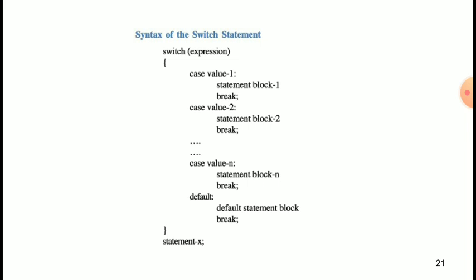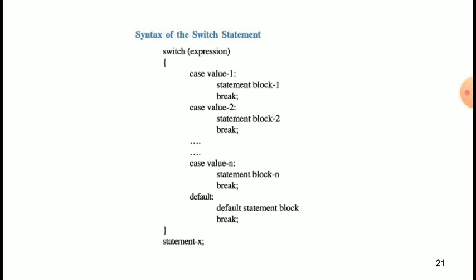Fifth, when the switch statement is executed, it first evaluates the value of the expression and then compares it with case constants from top to bottom. Sixth, when a case is found whose value matches the value of the expression, then the associated statement block of that case is executed.